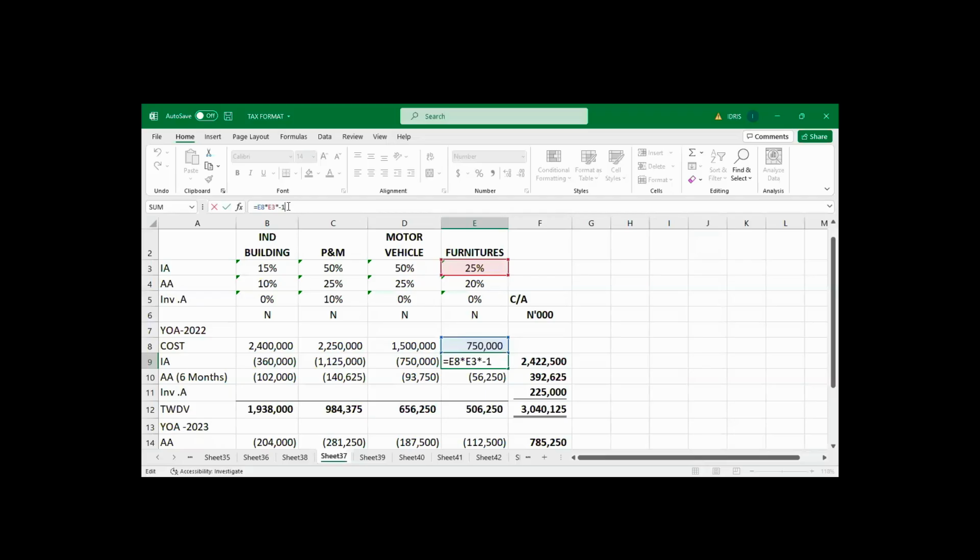25% of furniture and fitting is going to give us 187,500.